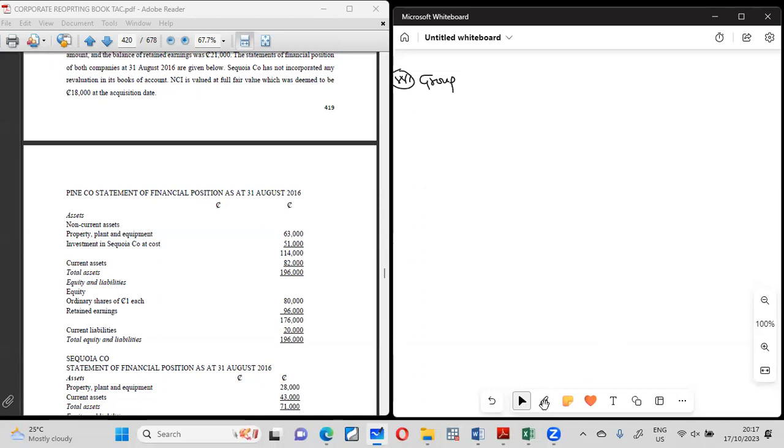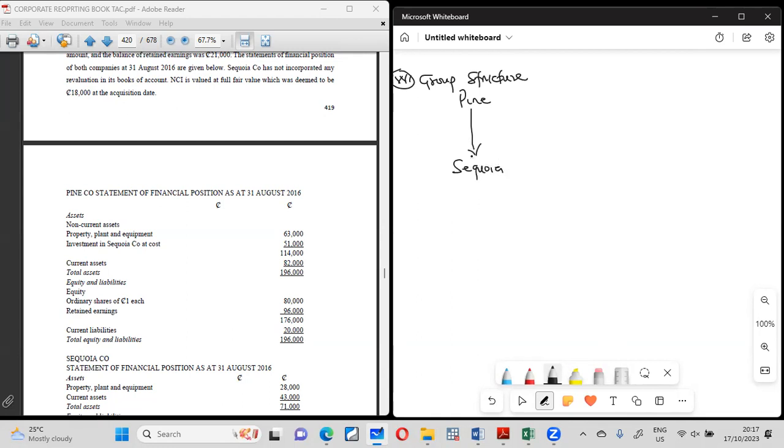All right. So the group structure, how is it going to be? The parent's name is Pine, so you draw down.